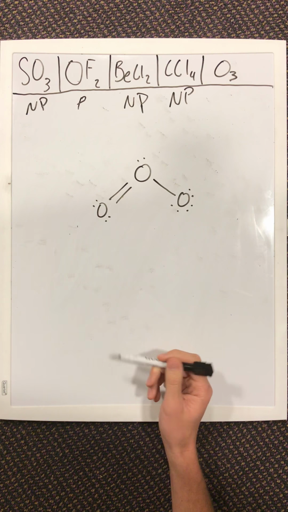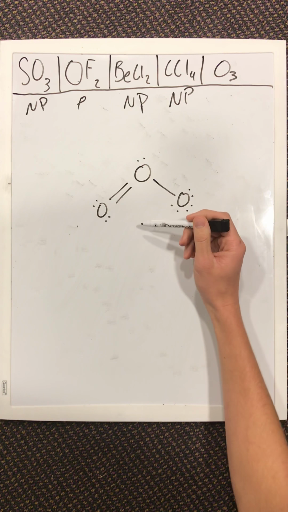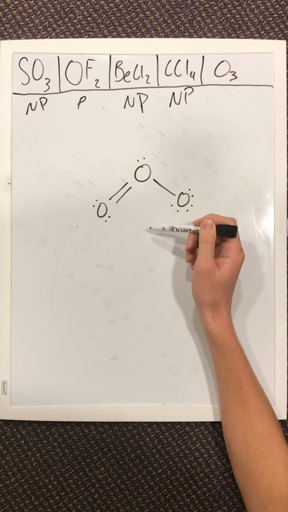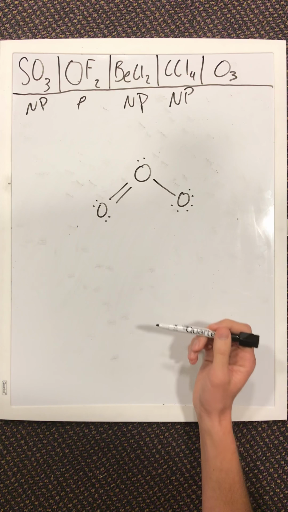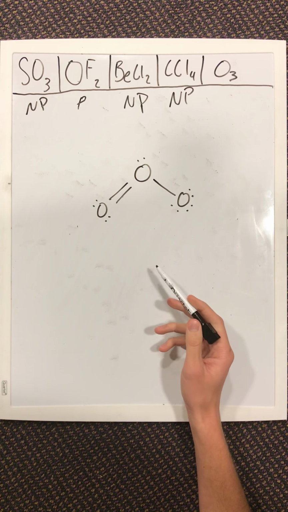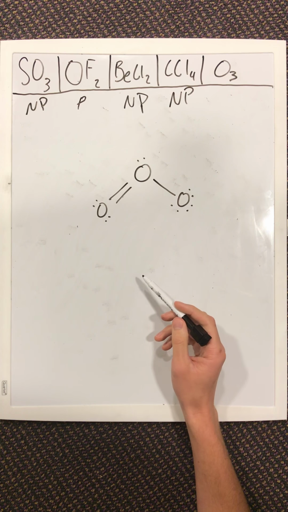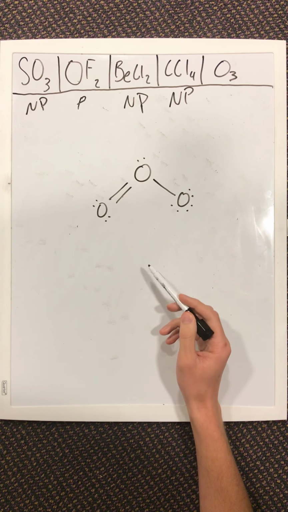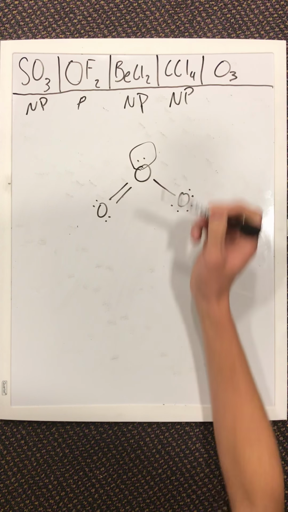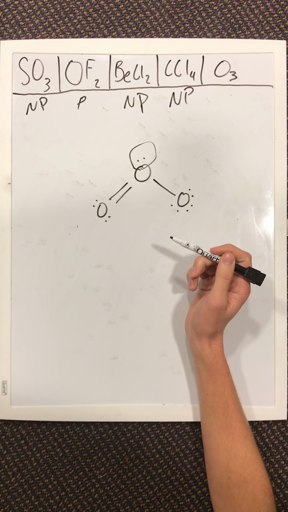But what we see from drawing this Lewis structure is that there's 3 domains around the O, which means that's trigonal planar domain geometry. So this is going to be more like what the domain geometry is going to look like.